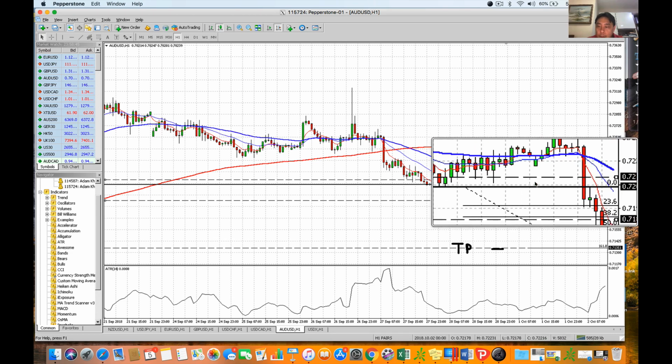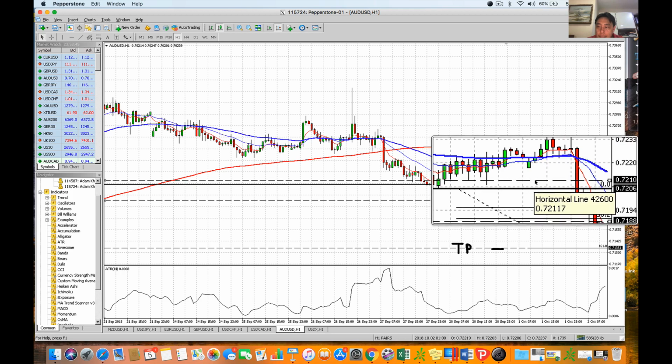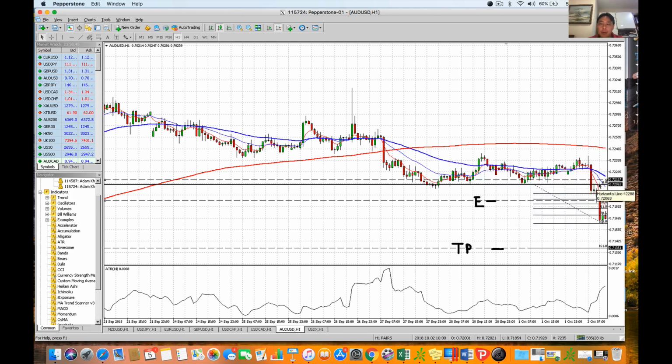Okay, 7211. There we go. So this dotted line would be my stop loss. And this would be 1R, which is the risk I'm taking. And this would be, well, we have to calculate how many R that is, right?